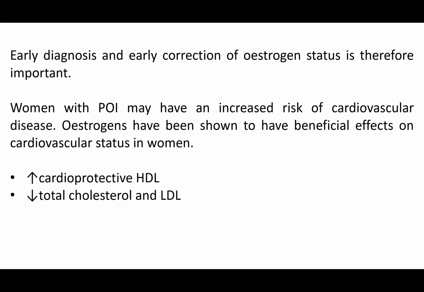So early diagnosis and correction with estrogen replacement or hormone replacement therapy is advisable, and the cardiovascular protective effect of estrogens has been noticed through increasing the cardioprotective high density HDL and decreasing total cholesterol and LDL. So it is overall cardioprotective.